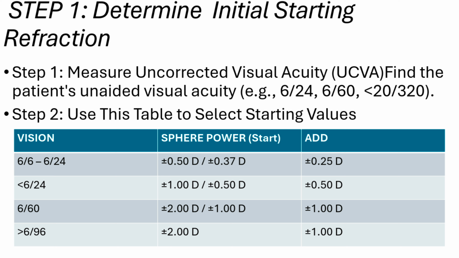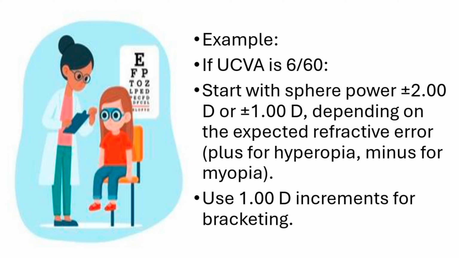In the next video, I will teach you the theory of refraction briefly. Now you can see that example, so you can understand the initial starting refraction. Now I can tell you another example. If a patient's uncorrected visual acuity is 6/12, likely with less refractive error, we can start with plus or minus 0.50 diopter, then add 0.25 diopter.